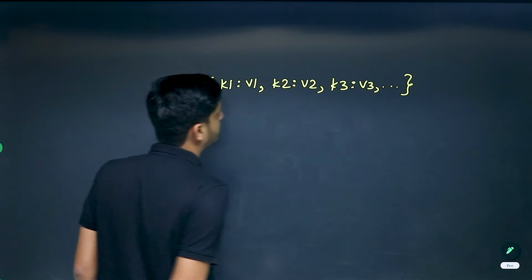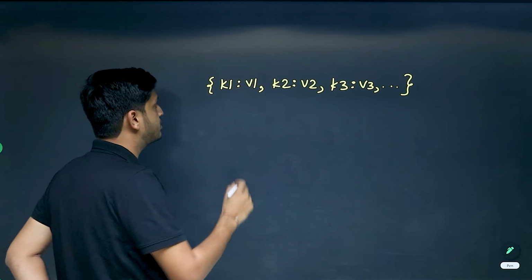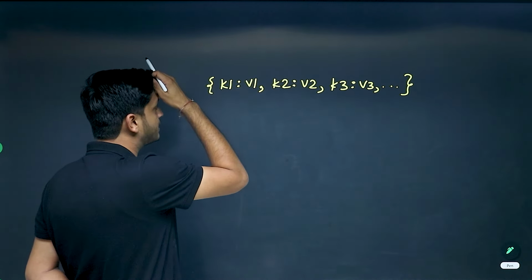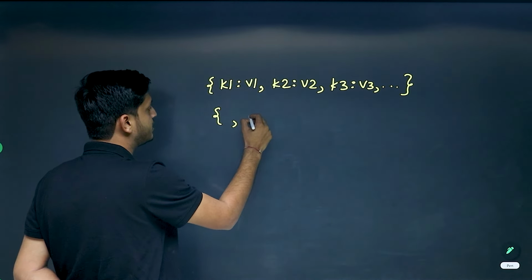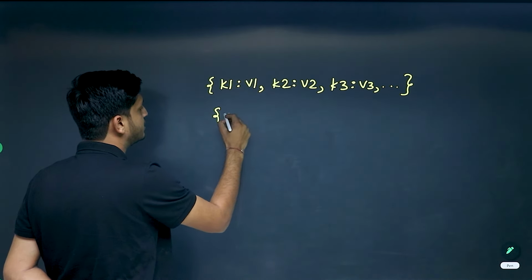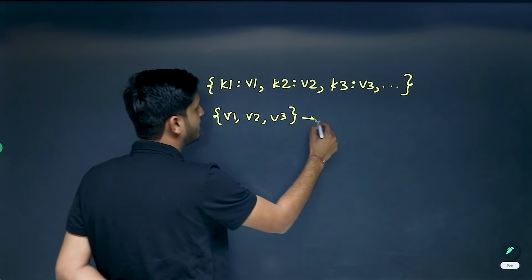Okay, this is how you create a dictionary. So this colon and comma are important. This colon actually tells the compiler that it is a dictionary, not a set. Because if you don't write colon, it is just a set. If you just write values like this, v1, v2, comma separated, this is creating a set.